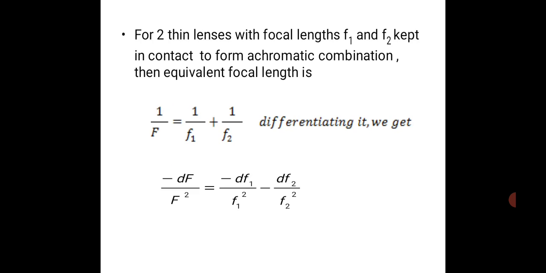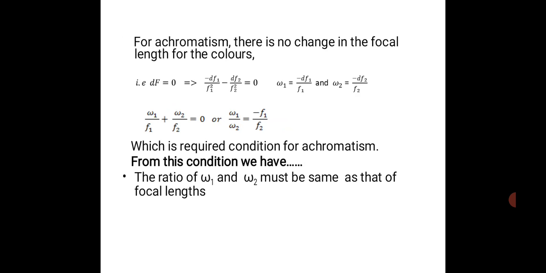We get minus df divided by f square equal to minus df1 by f1 square minus df2 by f2 square. For achromatism, there is no change in focal length for the colors. That is, df equal to 0, which implies from the previous equation minus df1 by f1 square minus df2 by f2 square equal to 0.